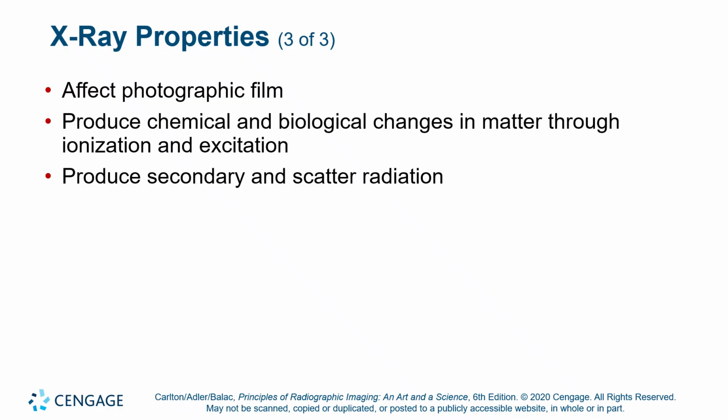We figured out the chemical and biological changes and the ionization and the secondary and scatter radiation from people that followed Roentgen, like Arthur Compton and Albert Einstein, among others.